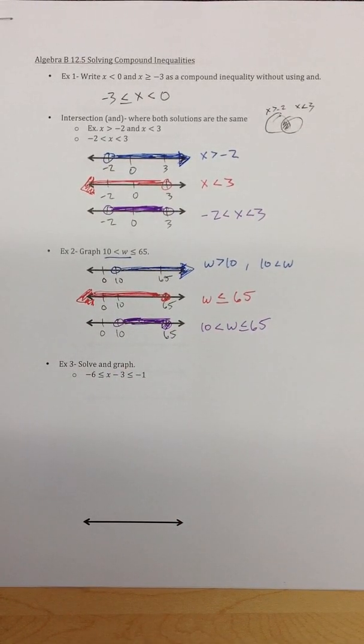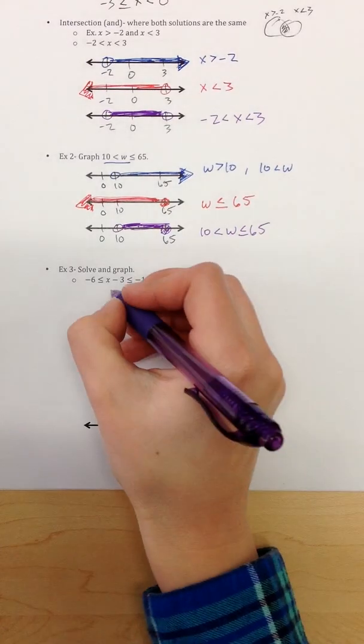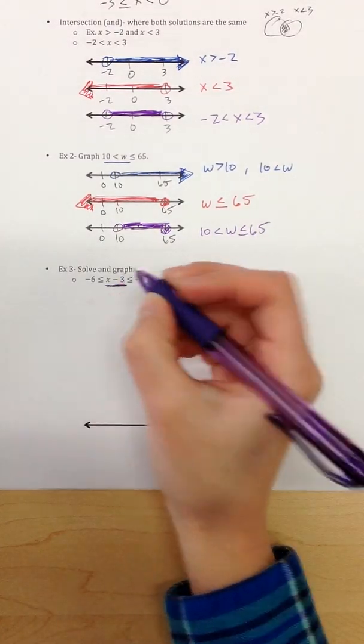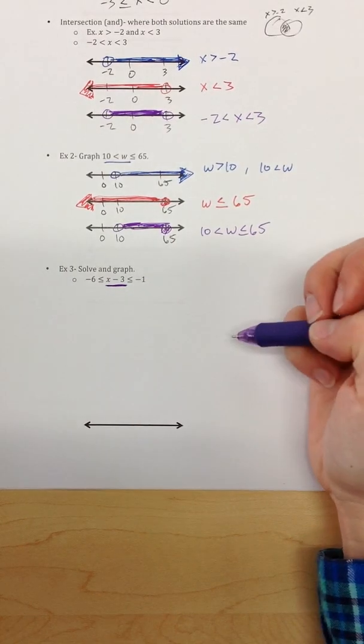Okay. All right. Next one here, we have to do a little bit of solving. So we've got -6 is less than or equal to x minus 3, less than or equal to -1. Okay, so what we do on a problem like this is we split this into two separate groups, okay? And when we split into two separate groups, this middle part here, treat that as a chunk. That goes with both groups.